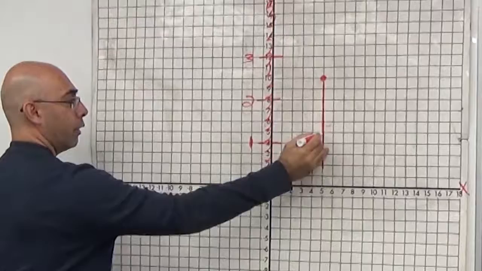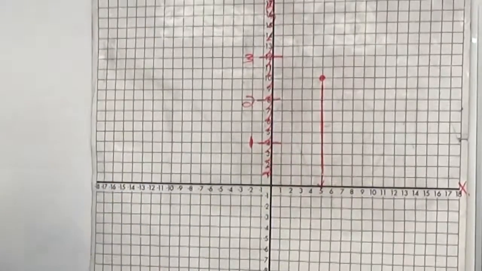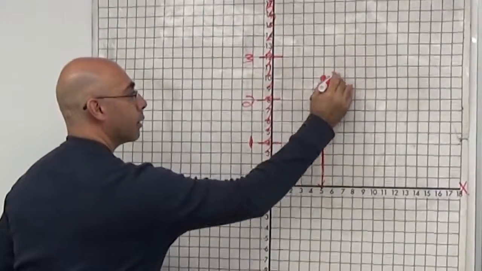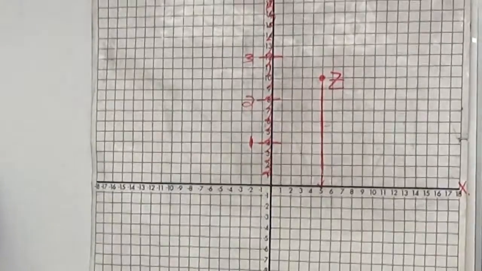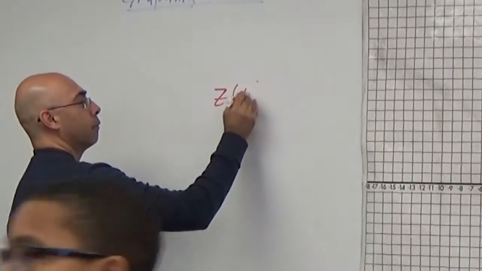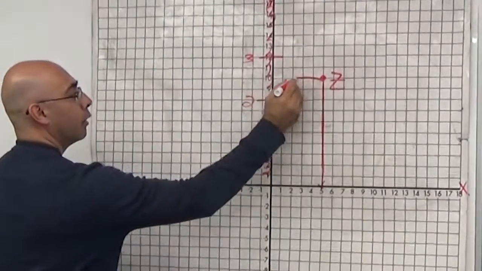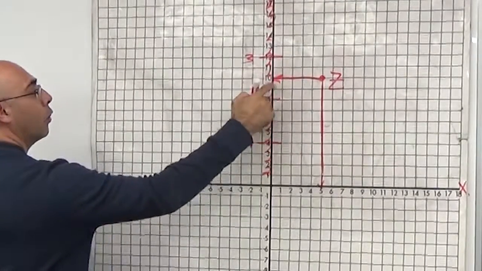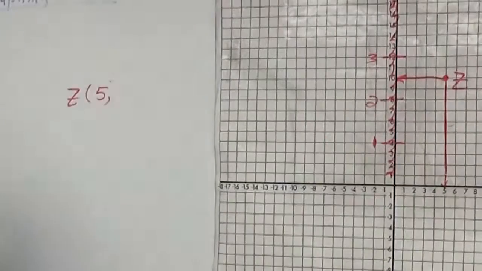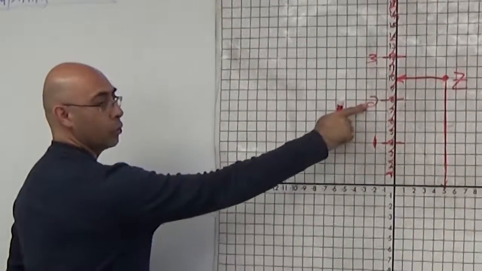So this point right here, the first one is 5. So we'll call this point Z. So for point Z, the first number is 5. But if I go across here, oh no, it goes to the second line. So this is how you label it. So we know that it goes to 2, correct?